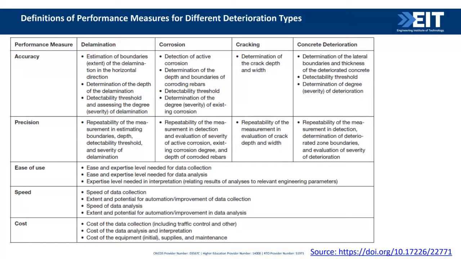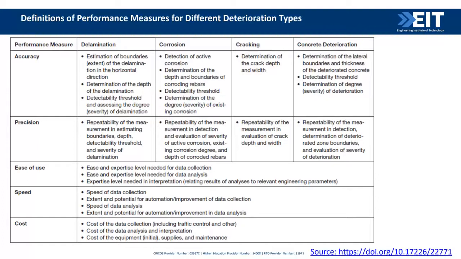We discuss it, right? For example, performance measure in terms of accuracy. In terms of delamination, we have determination of the depth of delamination; in terms of corrosion, detection of active corrosion; cracking, determination of the crack depth and width; precision.